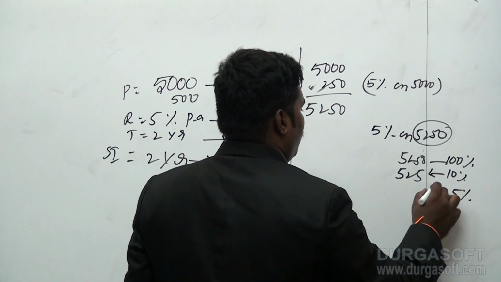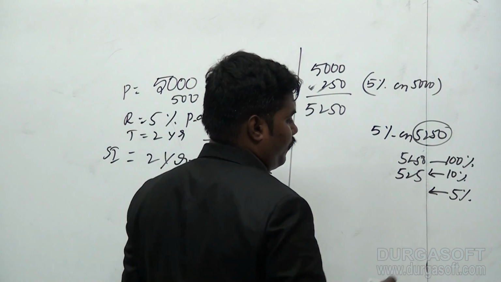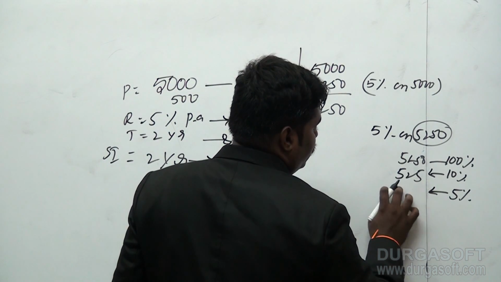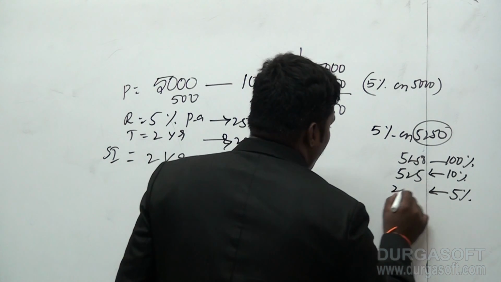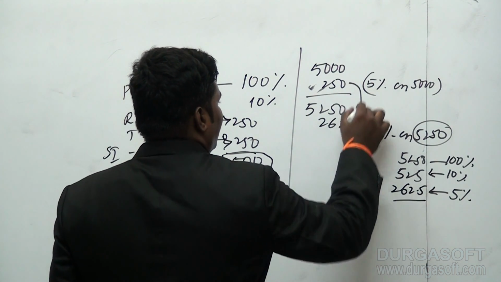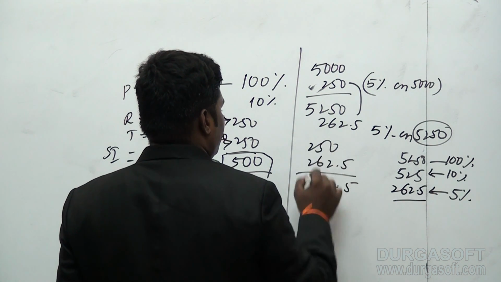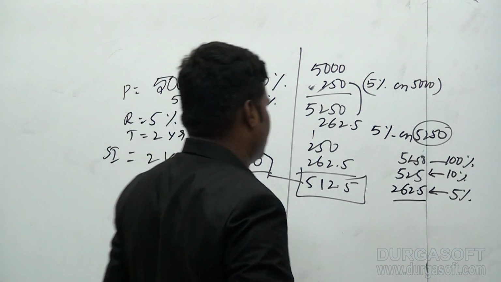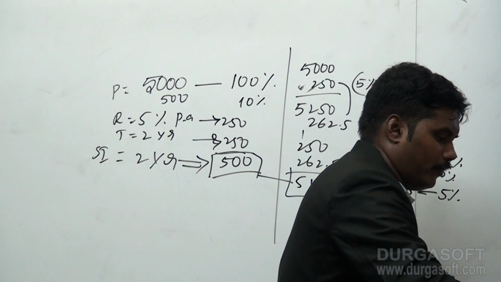Then 5% is half of this, 262.5. So the interest is 250 plus 262.5, that is 512.5. Here the difference is 512.5 minus 500. You get the answer as 12.5.